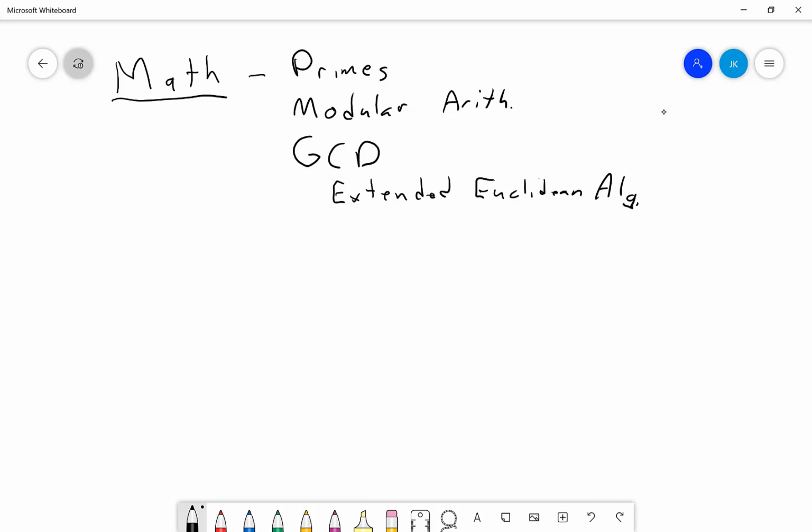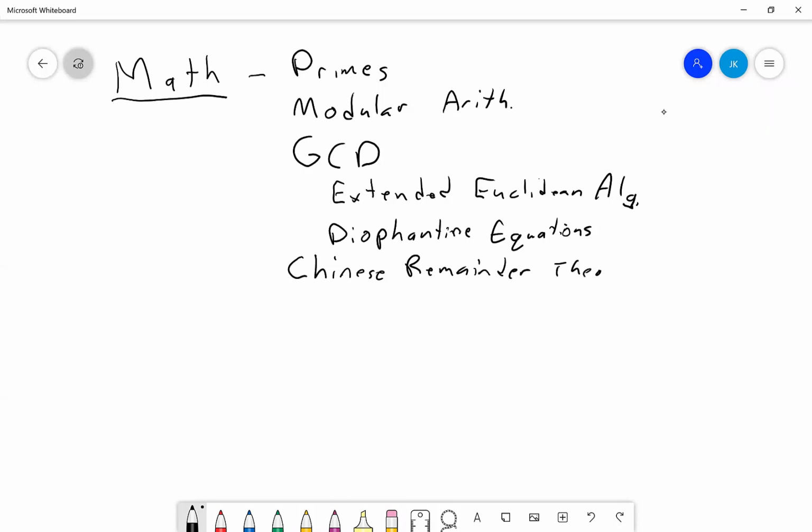And as a result of that, we will talk about Diophantine equations. And then finally, we will briefly talk at the very end about the Chinese remainder theorem.